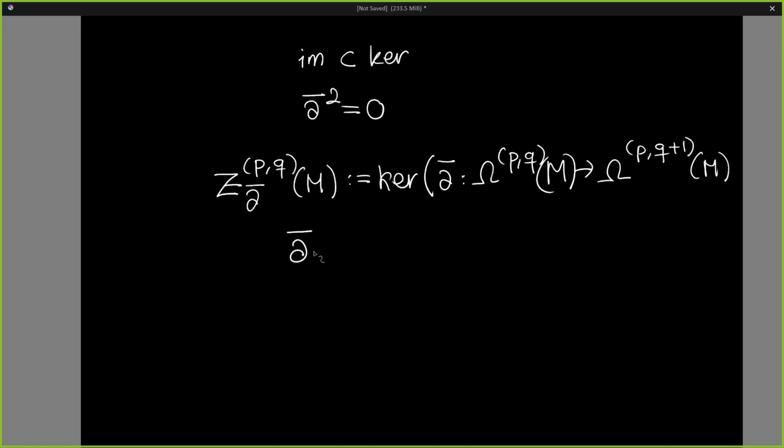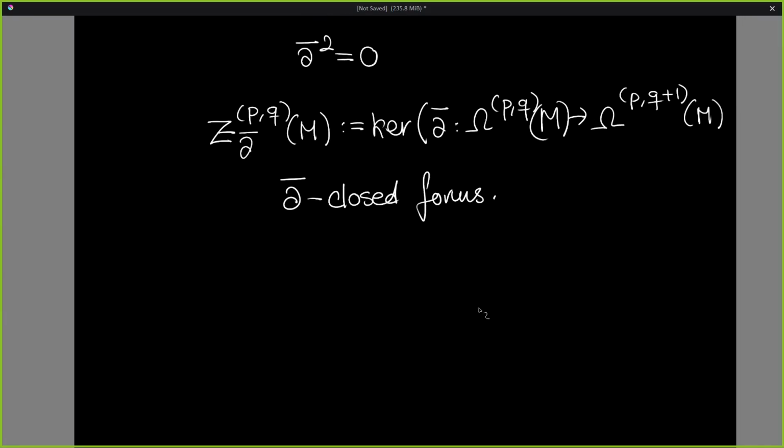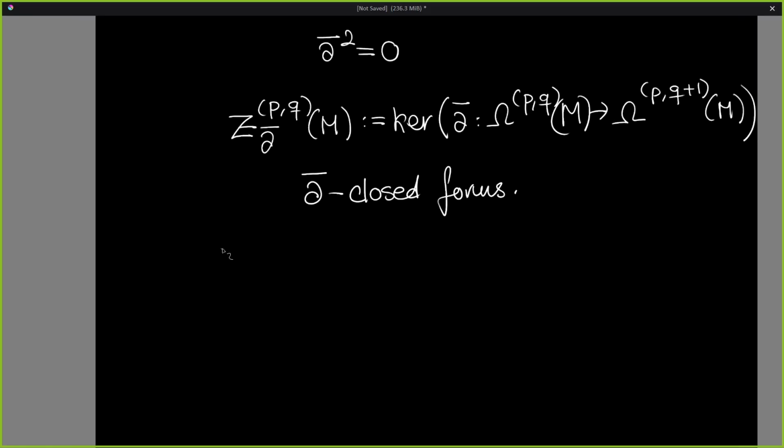These are called the partial bar closed forms. And according to our definitions last time, partial bar closed forms are automatically closed under the overall exterior derivative. You can look at the notes. There is a part that requires that. And then we get this guy.